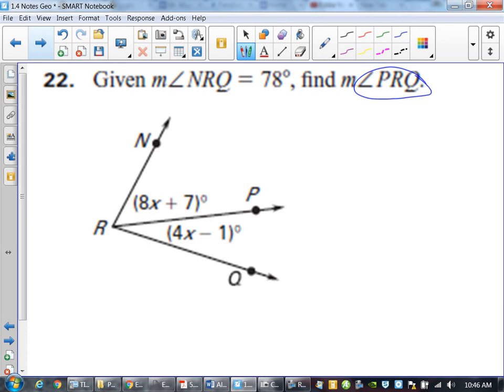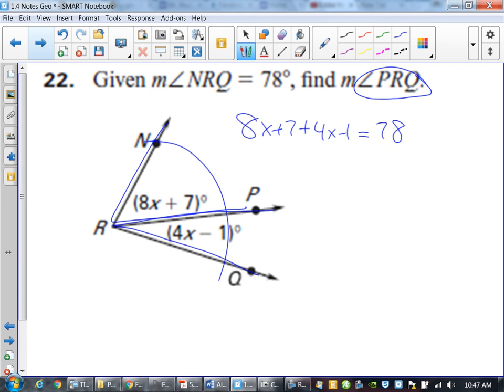Just like we did with the segments, it wasn't just solve for X, it was find segment XY, something like that. So we still do the exact same thing. We know that this angle plus this angle has to equal the whole thing, so you write it out. 8x plus 7, plus 4x minus 1 is 78. Once again, we are back to combining like terms.